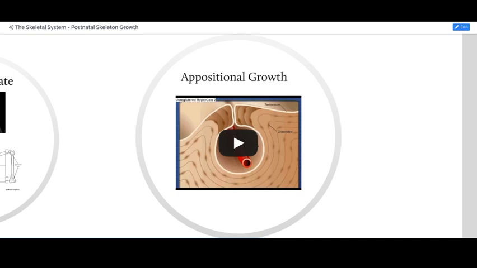Now, truly this type of growth takes place in a few different ways, and it's usually what's happening at the edge of the bone. But what's important about appositional growth is that it's involved in producing bone markings on the surface of bones. And the osteoblasts that are involved in making the additional bone matrix growing out here are often stimulated to grow specifically where something like a tendon is attached to the bone.